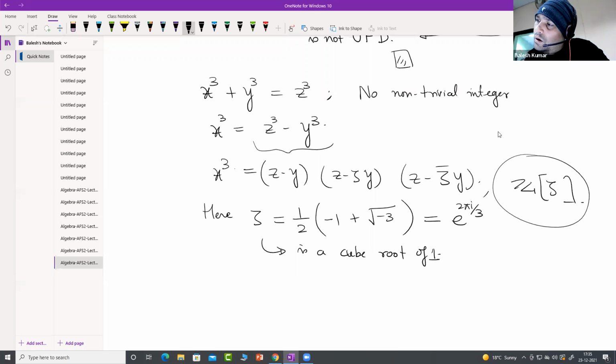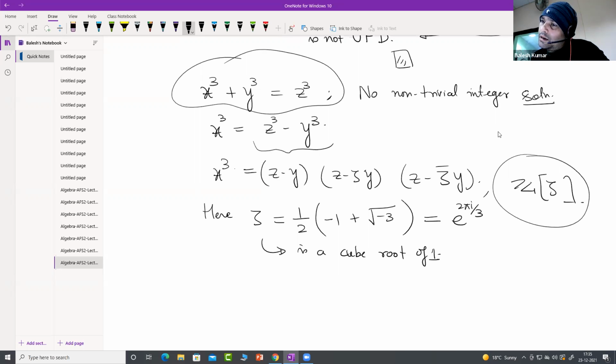And in fact, for certain types of prime powers also, this Fermat's equation has been dealt with by studying the ring of algebraic integers associated to the pth roots of unity, with no non-trivial integer solutions.